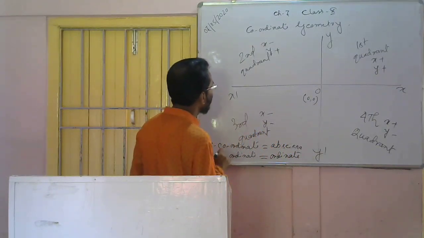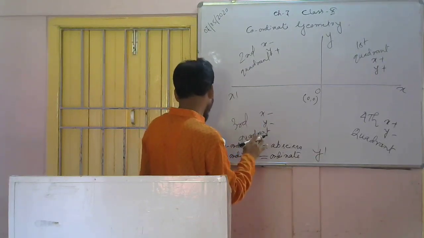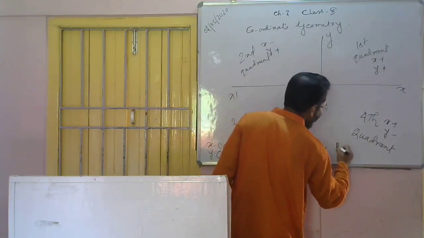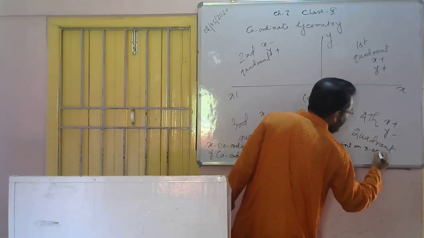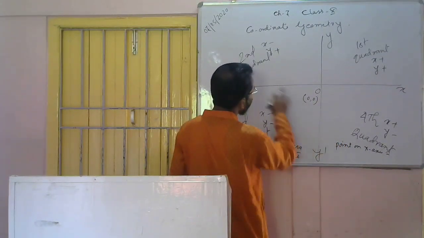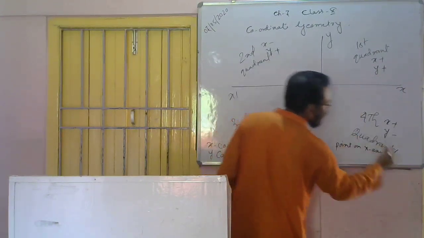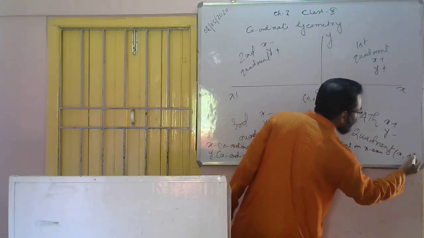The point on the x axis will have only the x value and no y value, so y is 0.